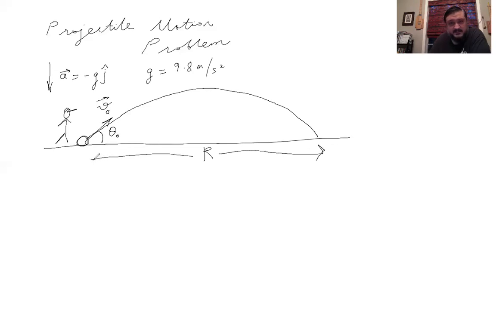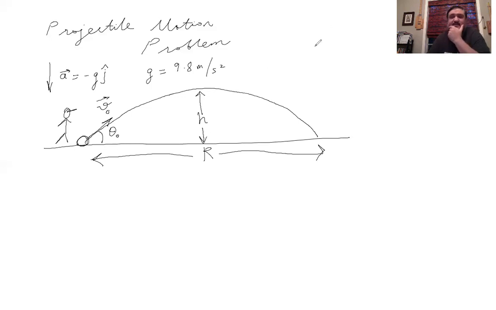R stands for range, obviously. Somewhere in the middle, ignoring air friction, we're going to reach a maximum height, let's call it H.